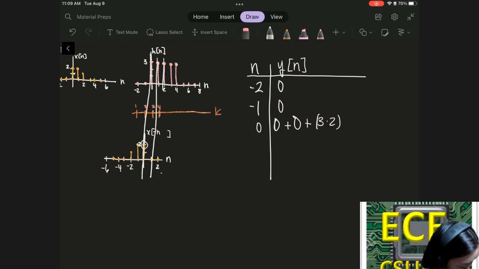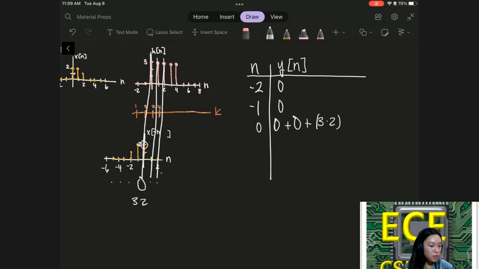That is 0. That's multiplied by 0. And then the rest is being multiplied by 0 too. So this is where 3 times 2 comes from. And then the rest is multiplied by 0. I'm going to speed up a little because it's going to be a long video if I don't.